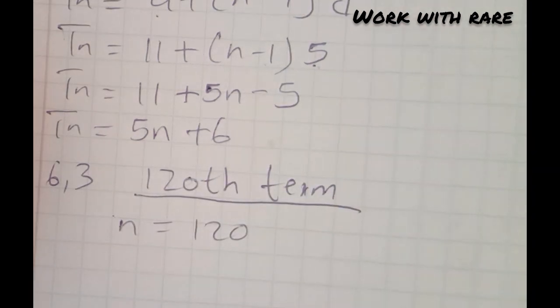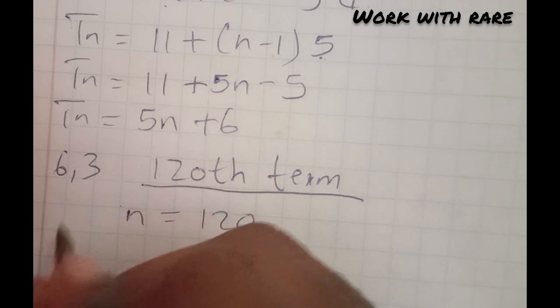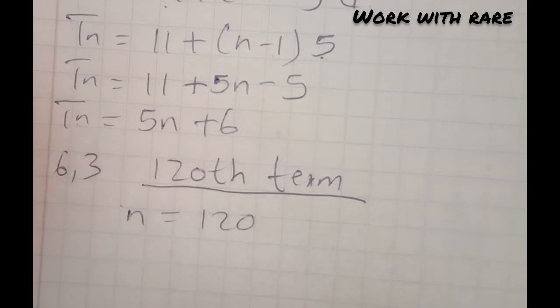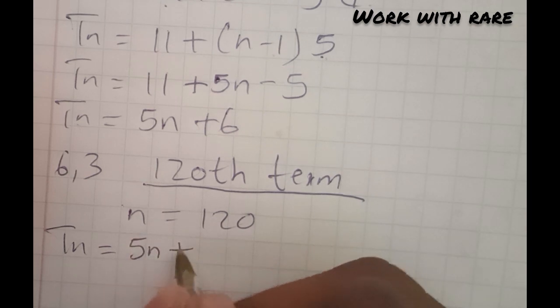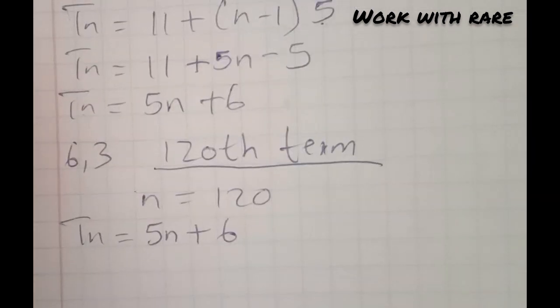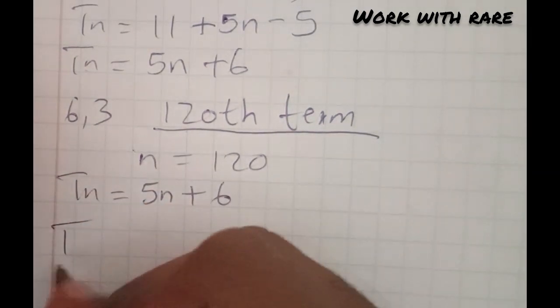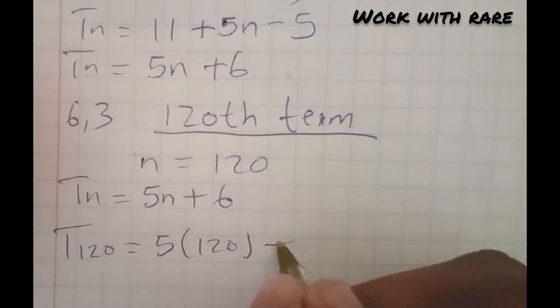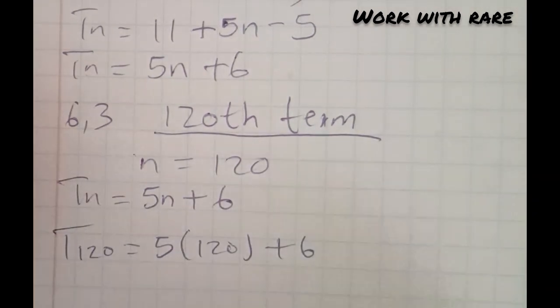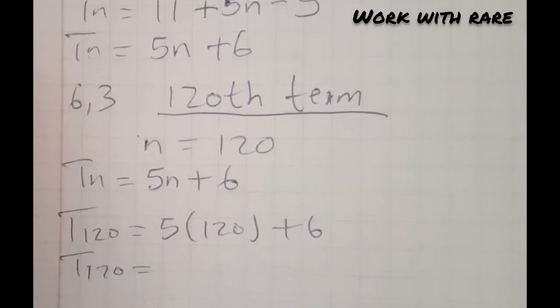Remember, now I'm looking for the value of the 120th term. So where I see n, I'll use this. Let me write it here again, so that you can see when I substitute. Where I see n, I write 120. So here it will be 5 times 120 plus 6, because it's term 120, right?